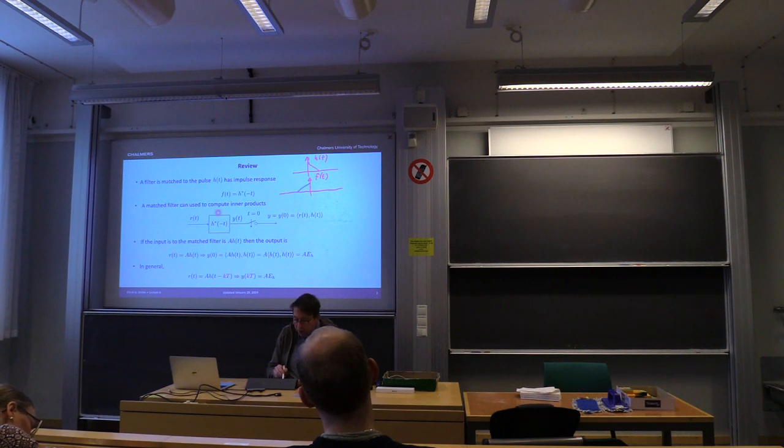So these matched filters are heavily used in receivers. And one particular property of this matched filter is that if we have a filter which is now matched to the pulse h and we feed it with some input signal r, we get an output y, and if we sample that at time 0, the sample we get, that is the value of y at time 0, is the inner product between r and h.